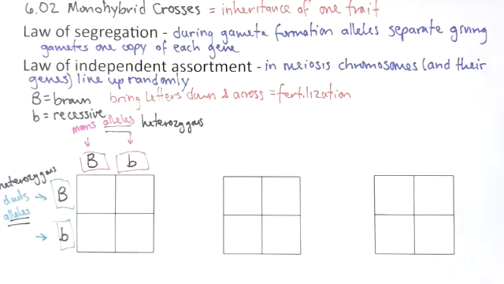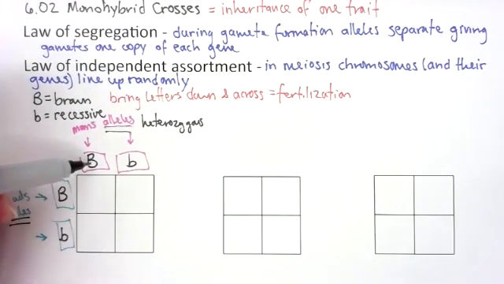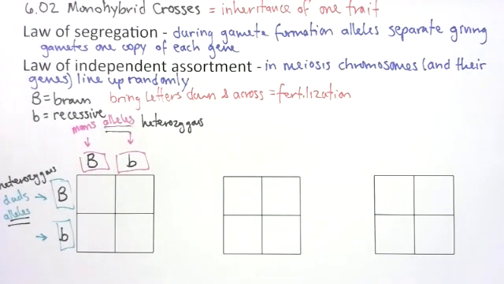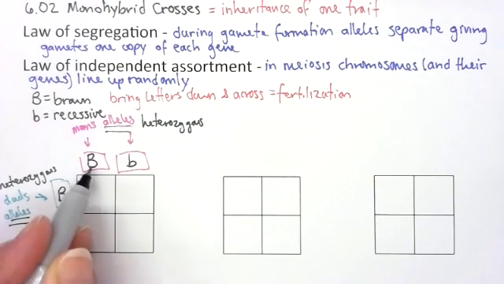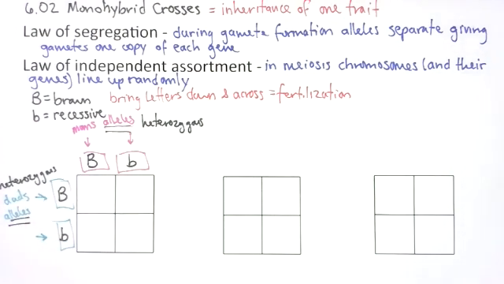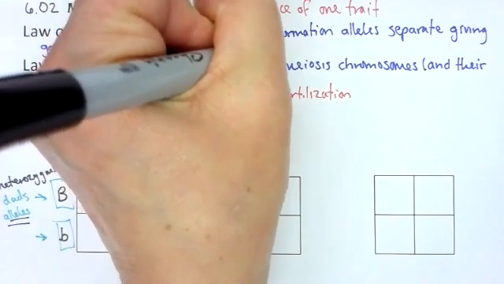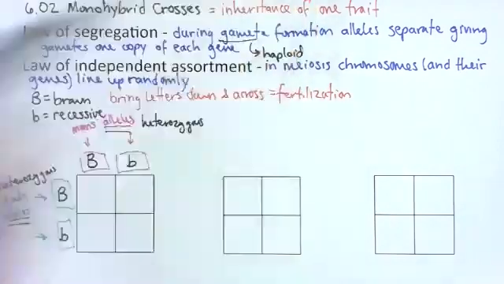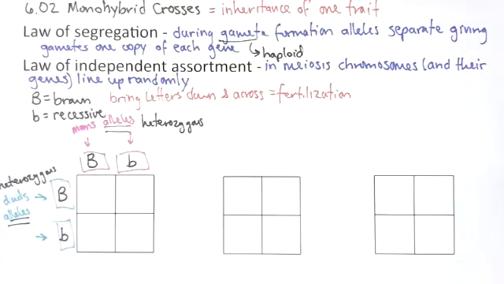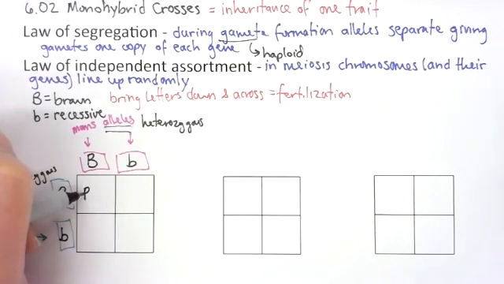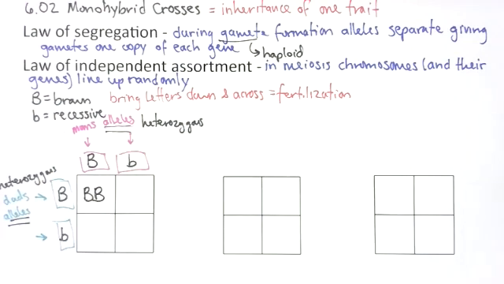So I'm going to bring this capital B down and this capital B down. This means that it was a sperm that had this gene and an egg that had this gene. Because remember, when we form gametes, gametes are haploid. They only have one copy. So if it was an egg that had the dominant copy and a sperm that had a dominant copy, the offspring would look like that.